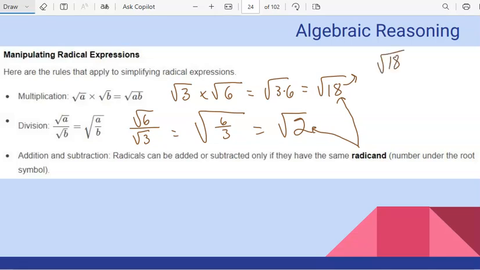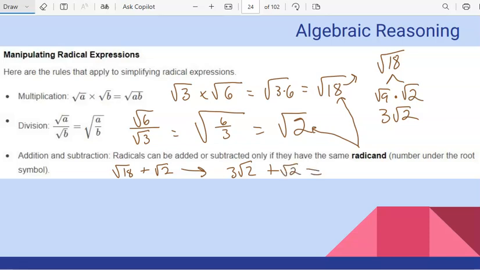The square root of 18 can be broken down into the square root of 9 times the square root of 2, 3 square root 2. So if we had square root of 18 plus square root of 2, that could be rewritten as 3 square root 2 plus square root 2, and that's going to equal 4 square root of 2.